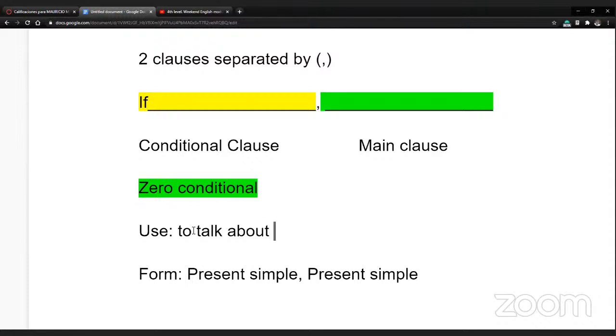What do we talk about? Okay, let me refresh your mind. The zero conditional is used to talk about real facts or something that is always true.